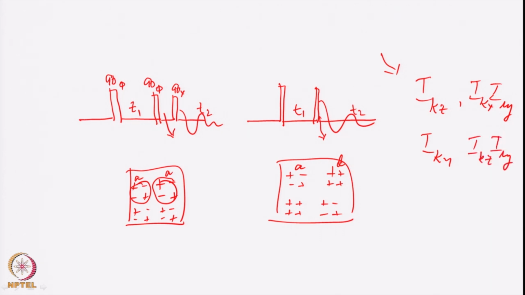So, in the COSY experiment these first two terms were ignored, this is IkX and IkZ ILY. These terms were retained in the COSY experiment, and in the double quantum filtered COSY experiment we retained this portion of the density operator by suitably adjusting the phases of these pulses phi, phi.